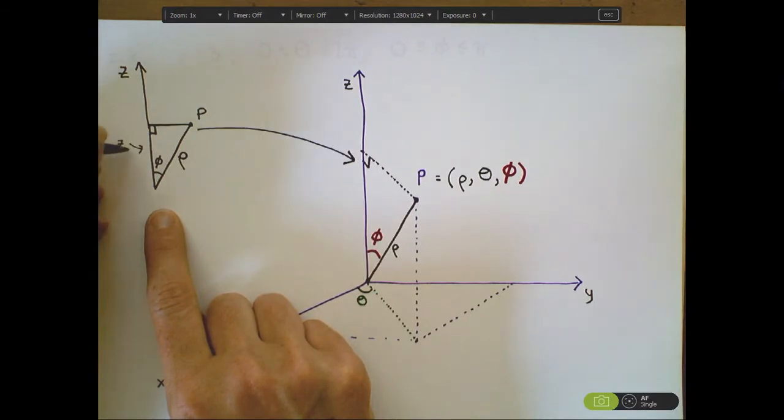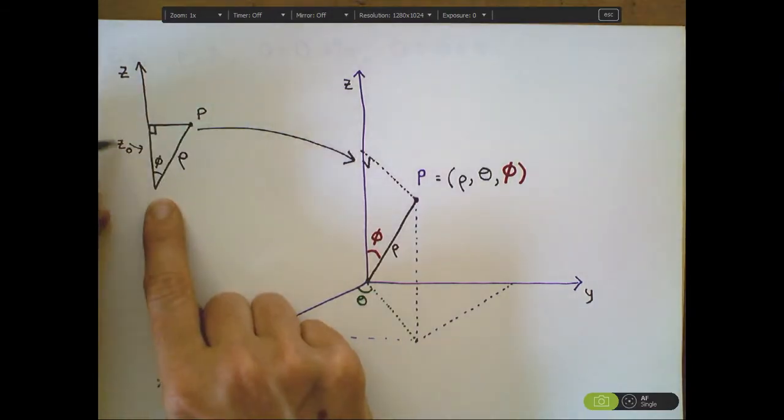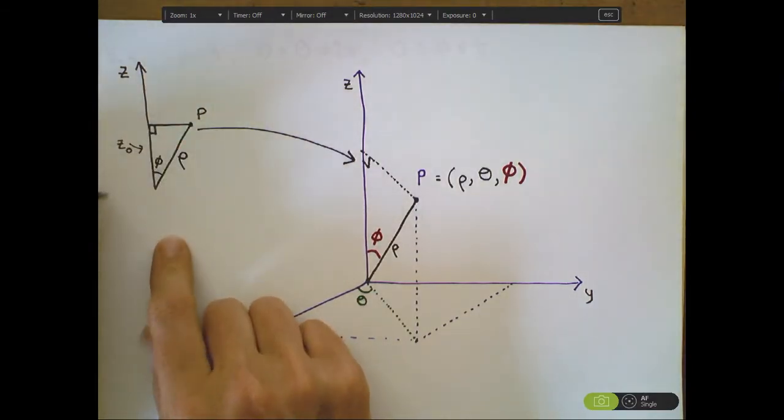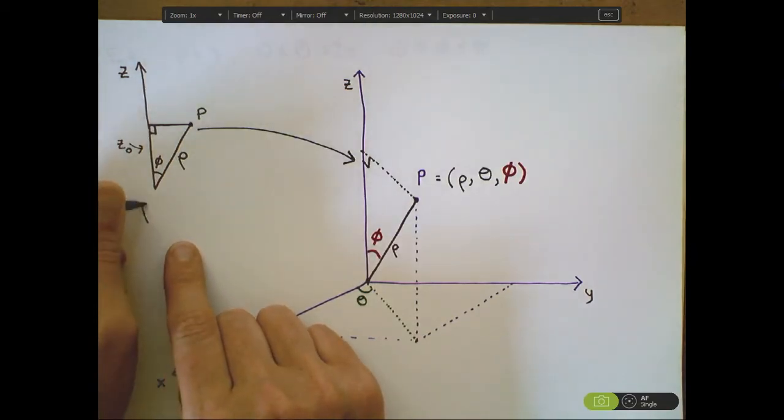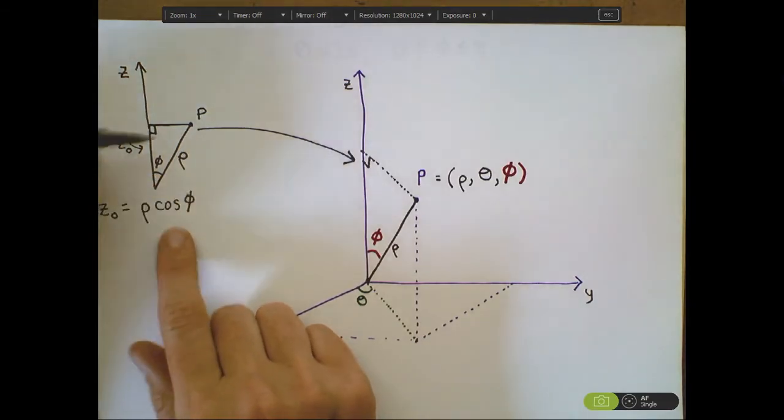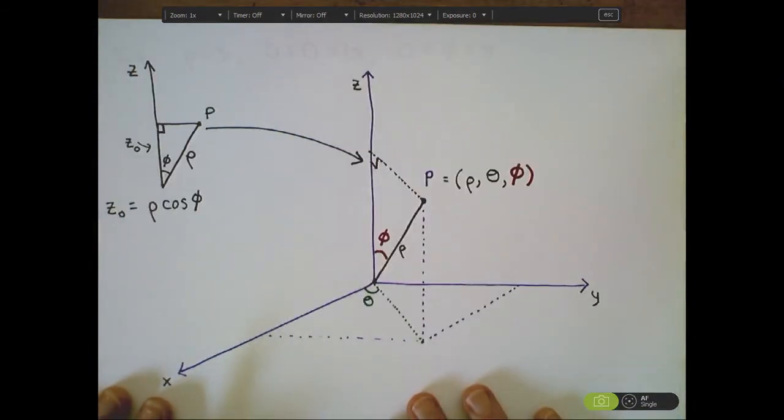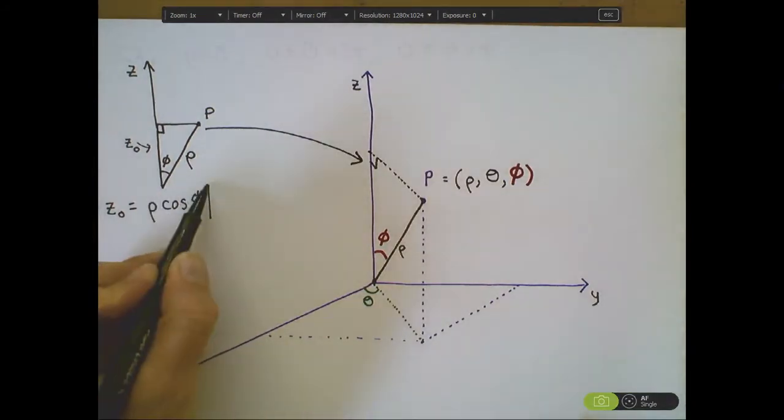Let's call that z naught, the z coordinate of this point. So in this case, z naught is going to be equal to rho times the cosine of phi by that triangle geometry. So we've solved one of our points.